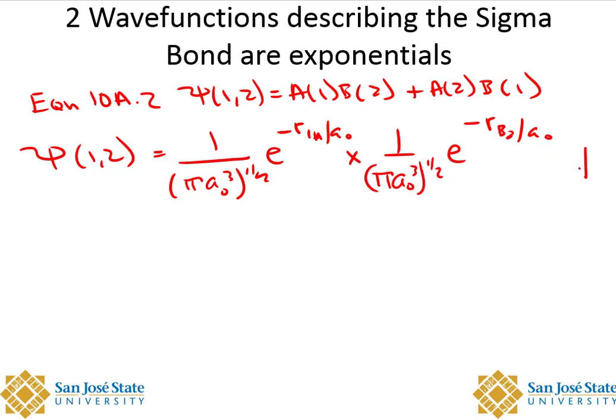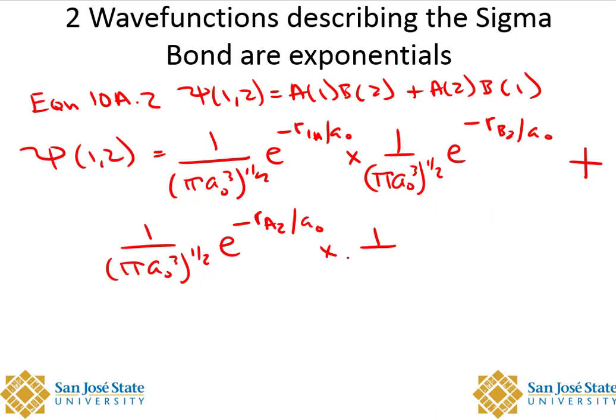plus those exchange of electrons which we discussed previously, 1 over pi a naught cubed taken to the square root e to the minus R A2 divided by a naught times 1 over pi a naught cubed taken to the square root e to the minus R B1 over a naught.